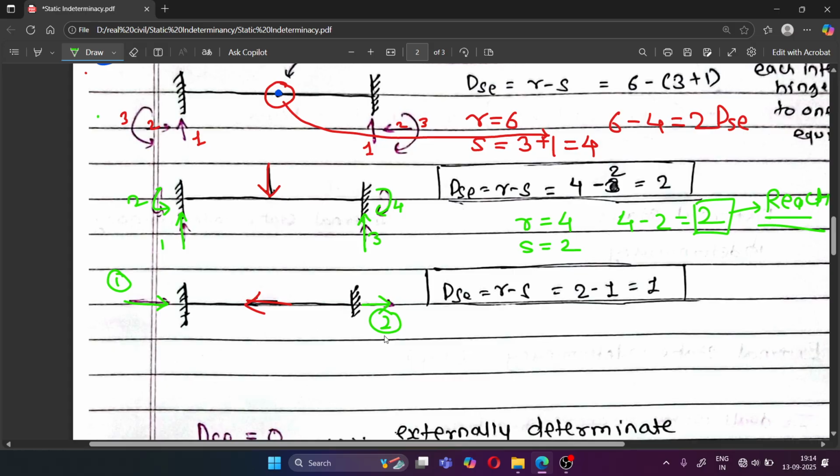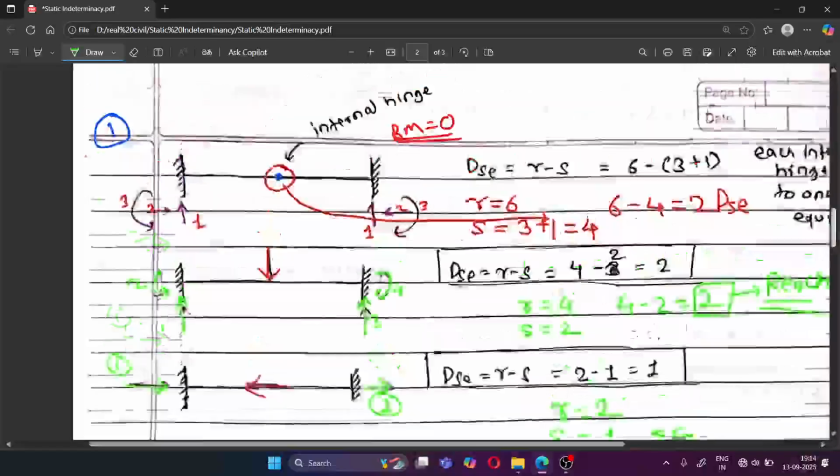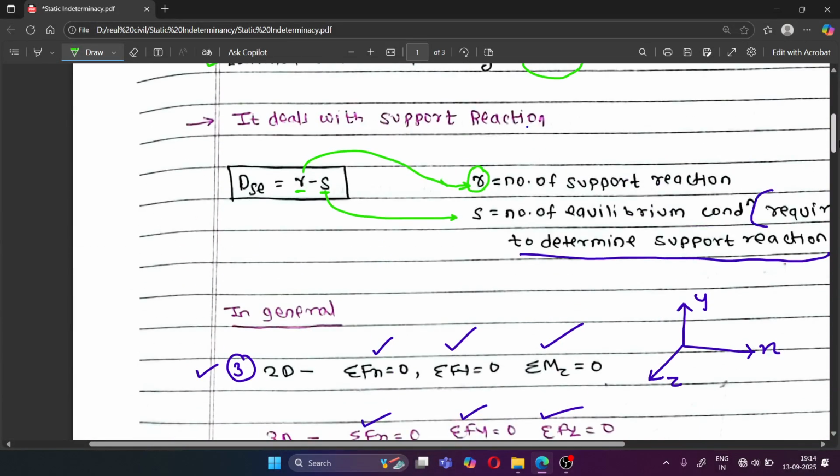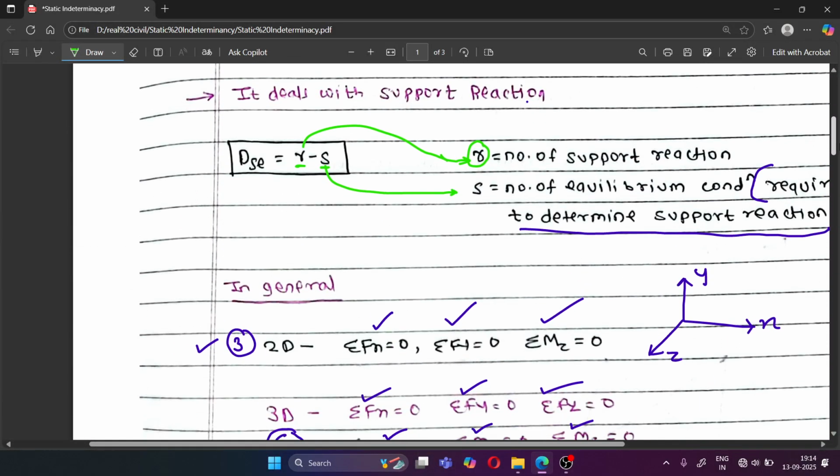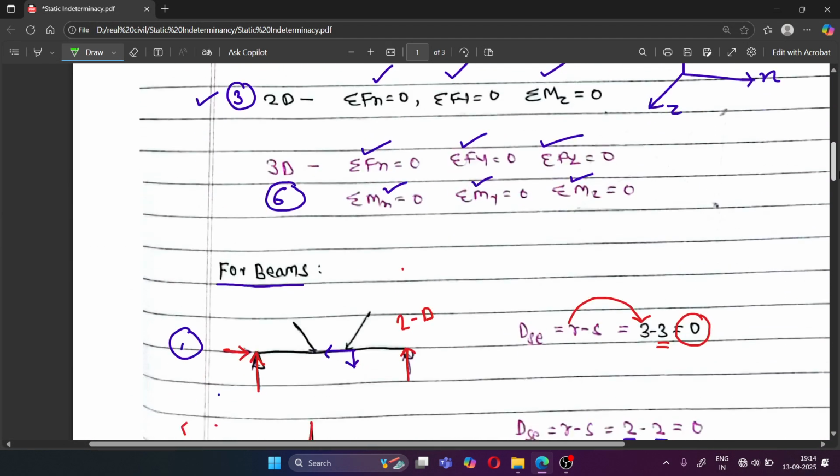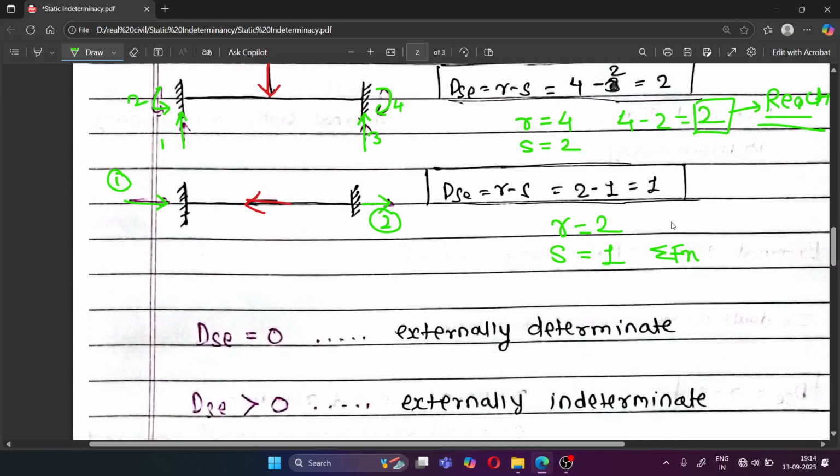So reactions are two. Of the conditions of equilibrium, I can use only one, that is summation Fx. So that's why this wording was very important: number of equilibrium conditions required to determine the support reactions. So 2 minus 1 is equal to 1. So one unknown reaction is there.